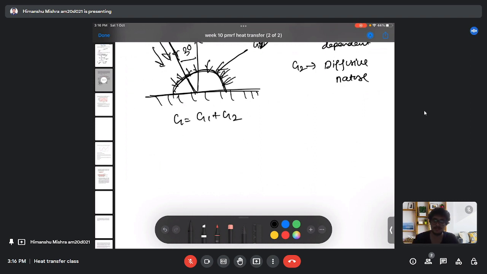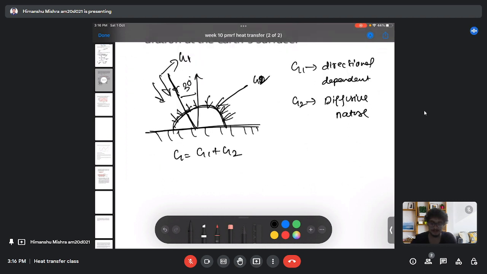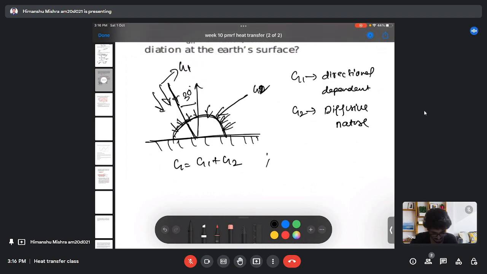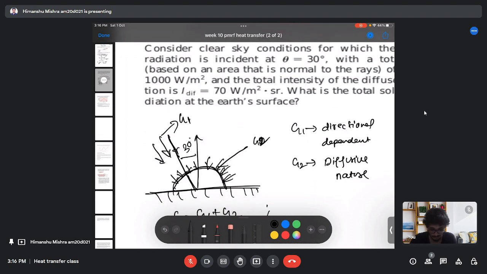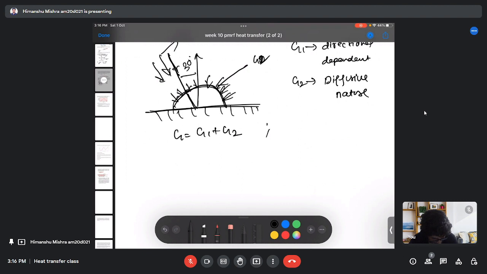Now since I am receiving G1 at an angle of 30 degrees, and the amount of G1 I am receiving is 1000 watt per meter square, you can write G1 simply as 1000 cos 30 degrees, and G2 will simply be pi I2.